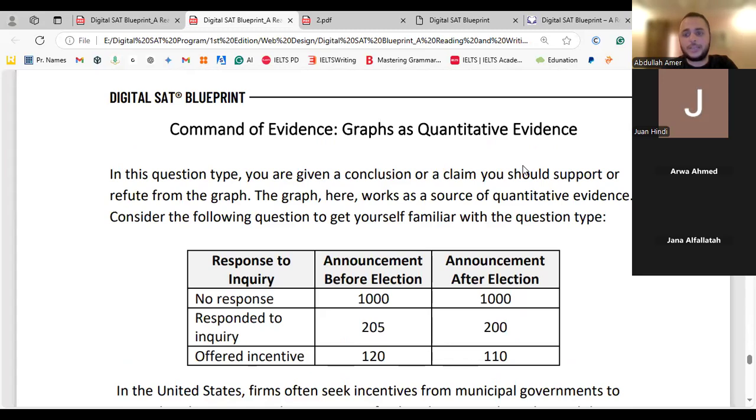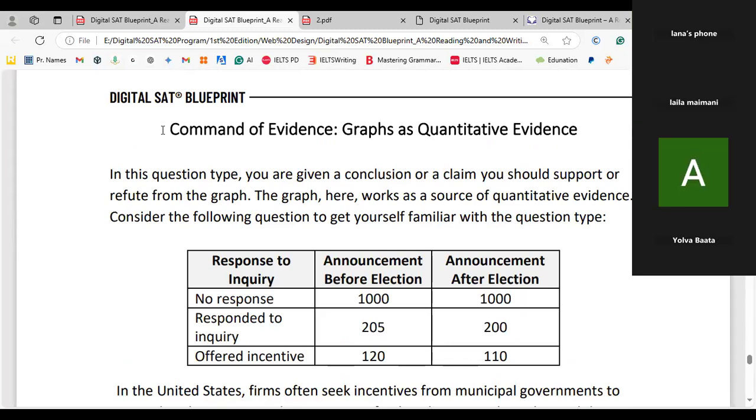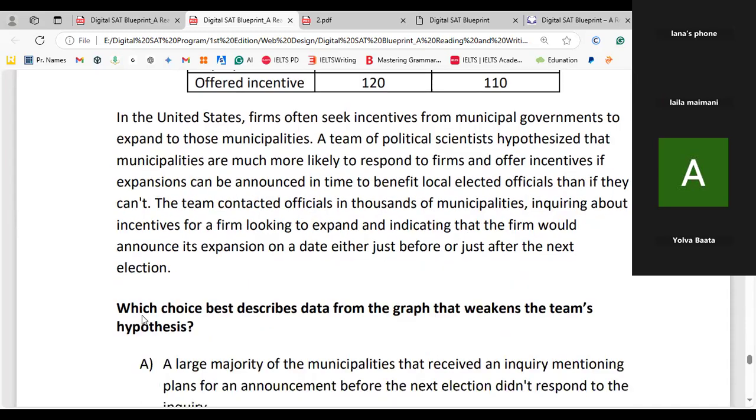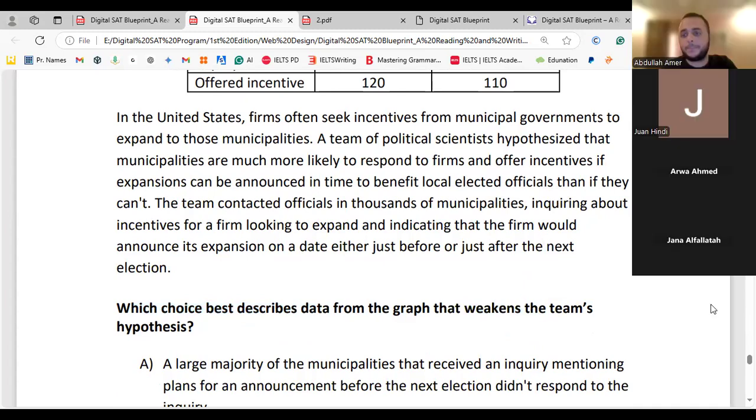So if you feel like this question type, the question that asks which choice best describes data from the graph that weakens or strengthens the team's hypothesis or claim, is hard, please raise your hand. Guys, you need to interact. If you think that this question is challenging, please raise your hand.